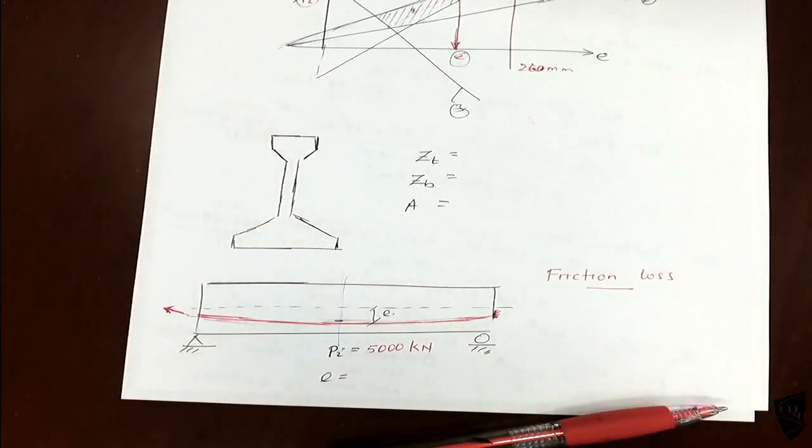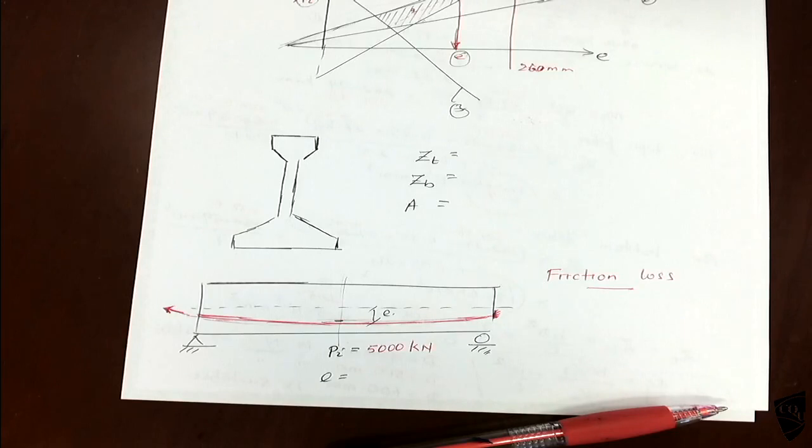When you have a pipe and you insert the steel and apply the force, the steel wire and the duct might touch each other. When two objects touch each other and try to move relative to the other one, there will be a friction loss.